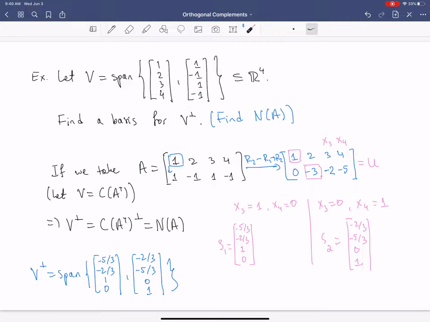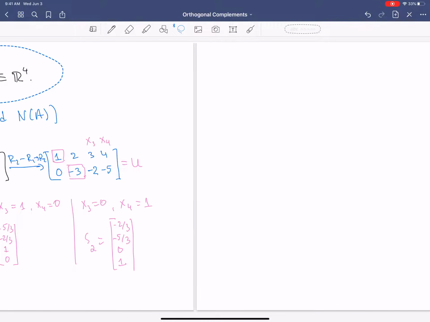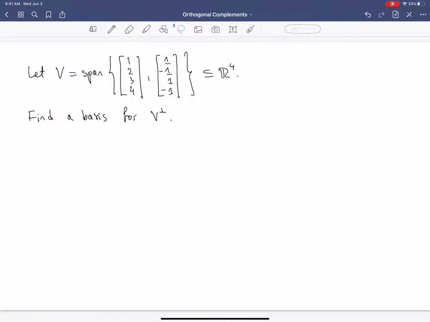Now, what if we wanted to solve this problem using the columns of A? So if we wanted to realize V as the column space of a matrix rather than the row space. So I'm just going to put that matrix there, put that vector there.